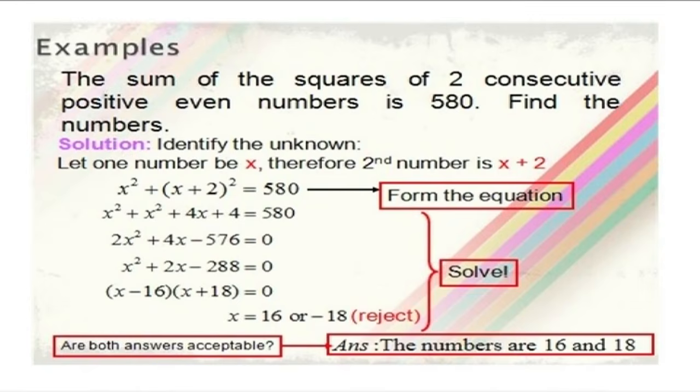You will find minus 18 is rejected and the required value is x equal to 16, and the numbers are 16 and 18, because we take the first number as x equal to 16 and the other number is x plus 2, that is 16 plus 2 which is 18. So the consecutive positive even numbers are 16 and 18.